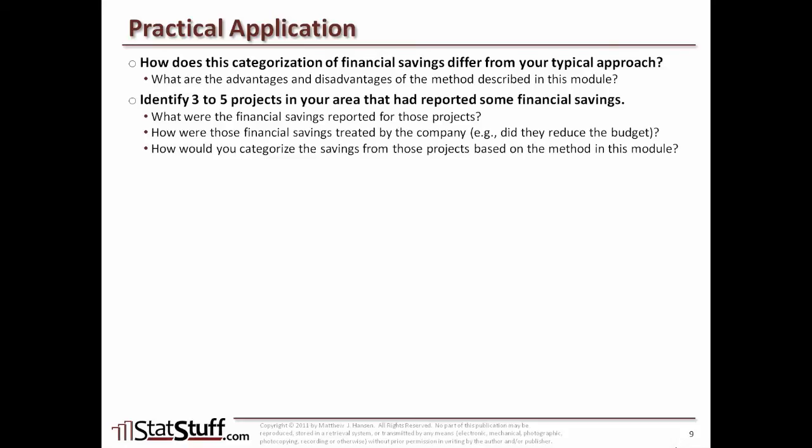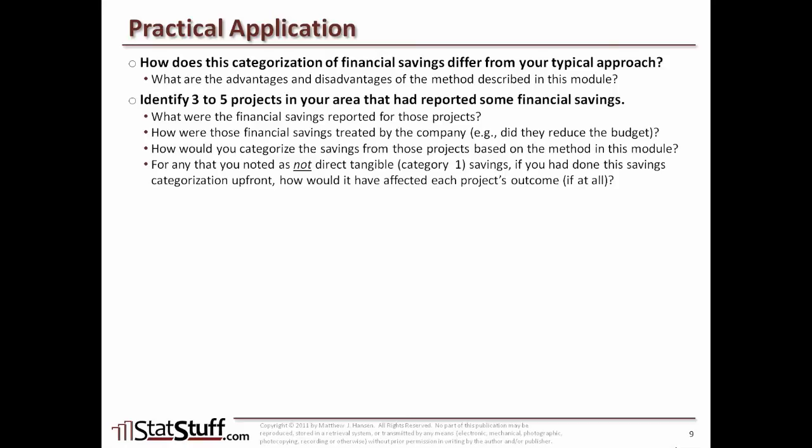And for those projects where you would say it's not a direct tangible saving, not that category 1 type of savings, then if you had done this type of savings categorization up front, how would that have affected the outcome for each project?